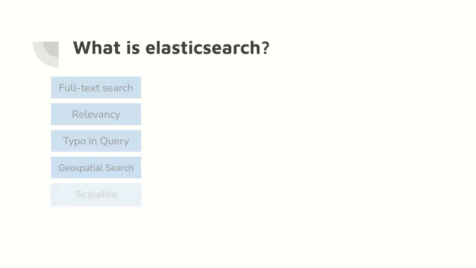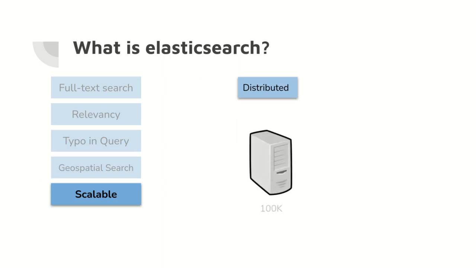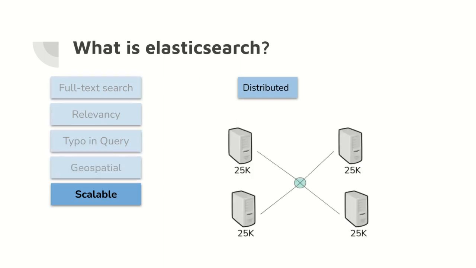Now let us see scalability. Elasticsearch is highly scalable. It is distributed in nature, and in a distributed system the data is not centralized in one place. Instead, data is distributed among multiple systems, and this scalability can be achieved very easily in Elasticsearch.